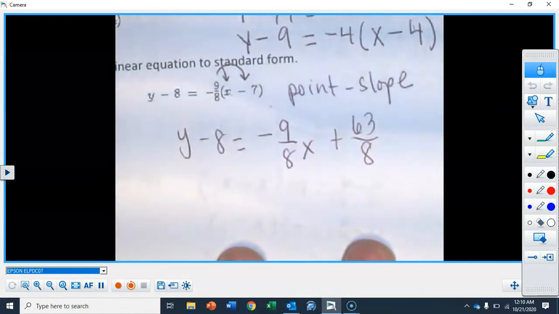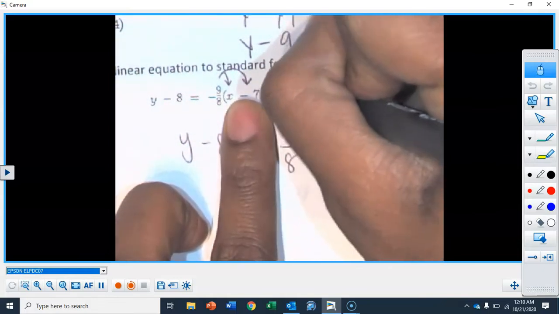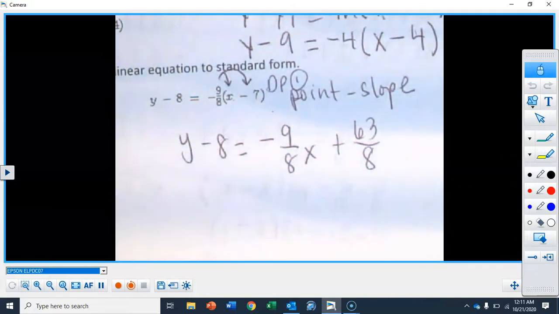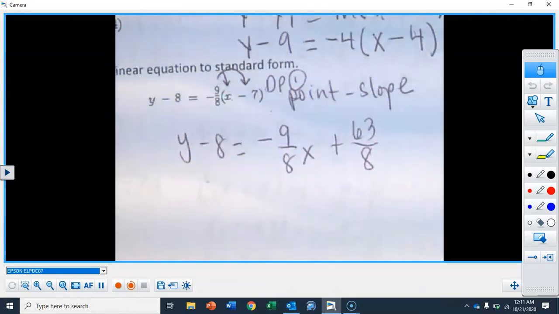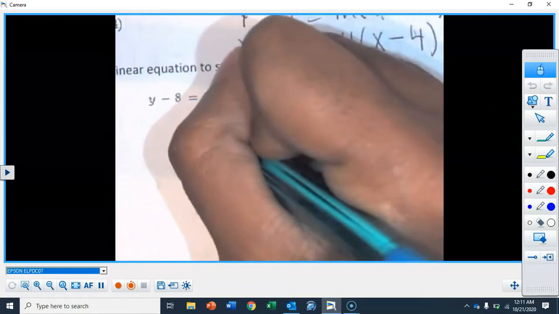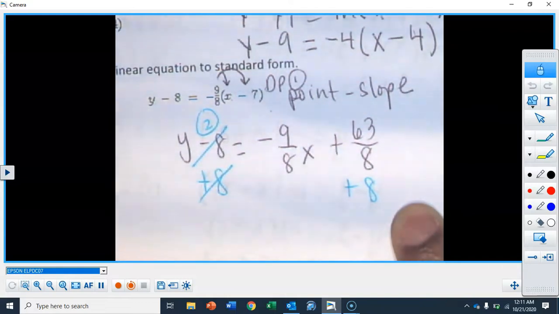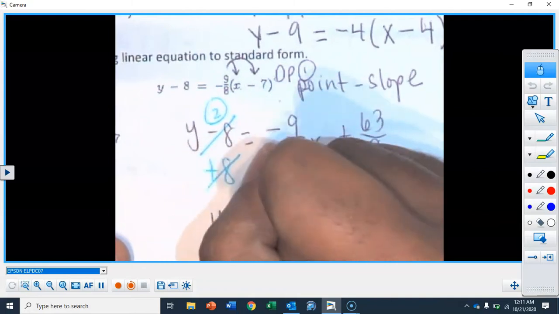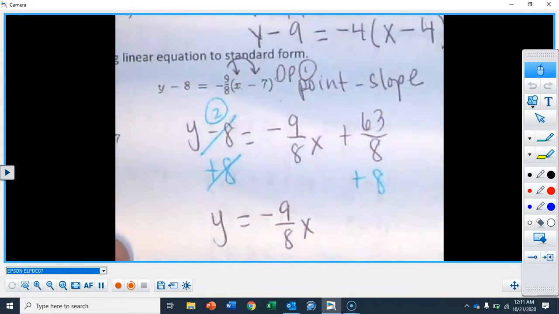Then the next thing we're going to do, after we do the distributive property, so DP is always step 1, step 2 is to move our constant over to the right side. I'm going to change colors real quick, and I'm going to put a plus 8, cancel that out. Again, step 2 is we just change the sign and then we move over the constant. Now we're left with y isolated by itself equals, leave the negative 9 over 8x, our m, the same.